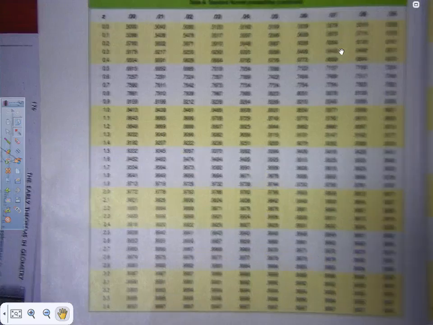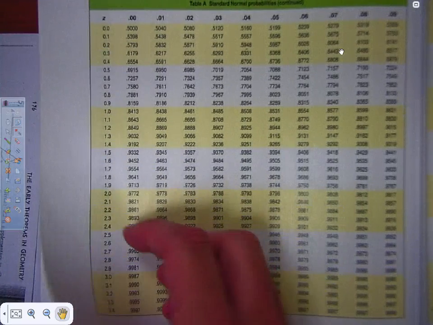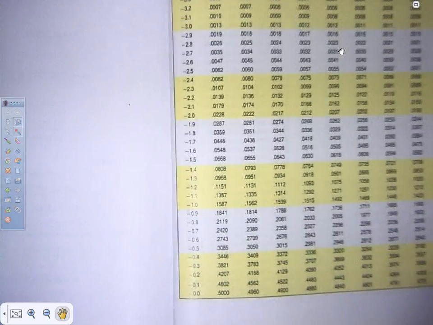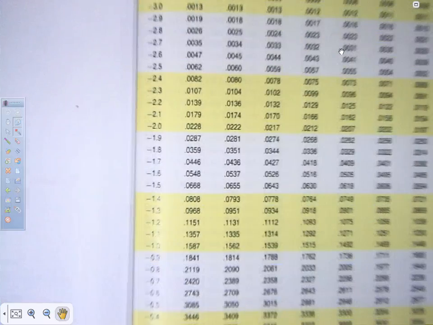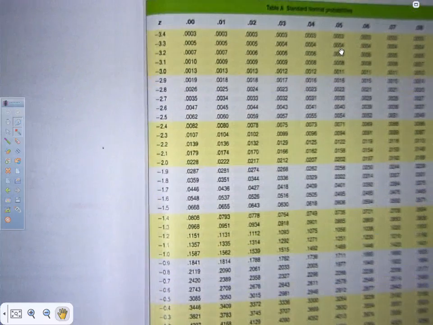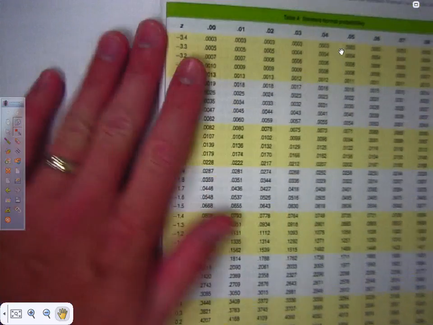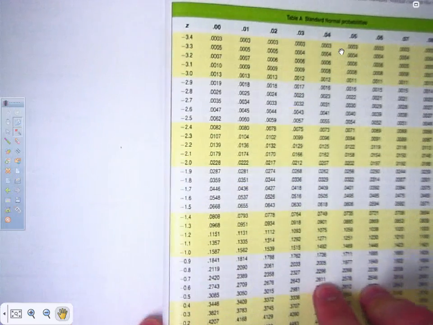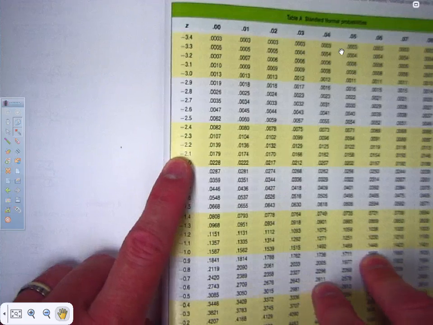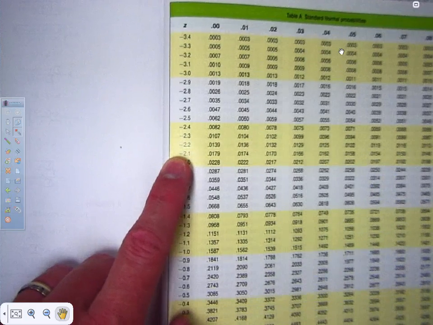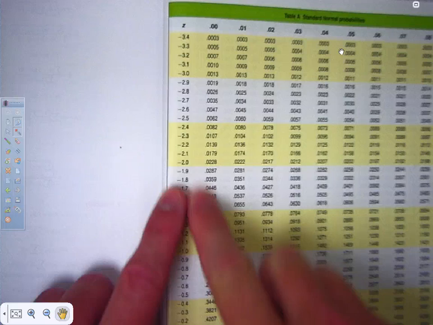Well, first and foremost, this is the positive side. So my negative 0.67 is going to be in here. Oh, I got to pull this out. This is going to be kind of hard to see the numbers at first, but I need to show you how the table is laid out. Right? So the left-hand side here lists z-scores, and the numbers that are used here are decimals, right?